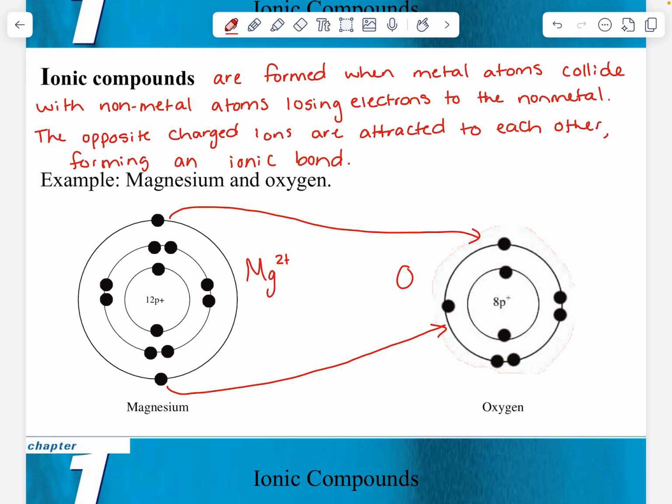And so we end up with oxygen 2 negative. Okay. And so when we put that together, because magnesium gave up 2 and oxygen gained 2, that's how we come up with the formula MgO, or magnesium oxide, for that compound. And it's the attraction between the cation and the anion that are holding that compound together.